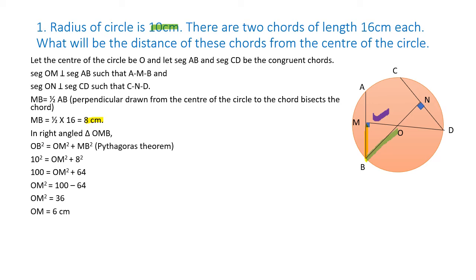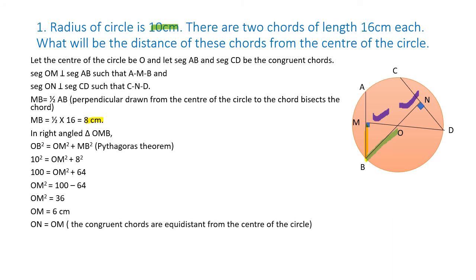If OM is 6 centimeter, I also need to find out ON. OM and ON are the perpendicular distances from the center of the circle to the chords, and the two chords are of length 16 centimeter, which means they are congruent.